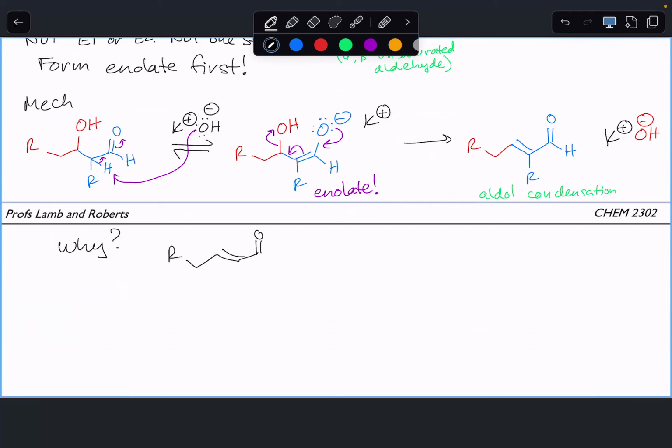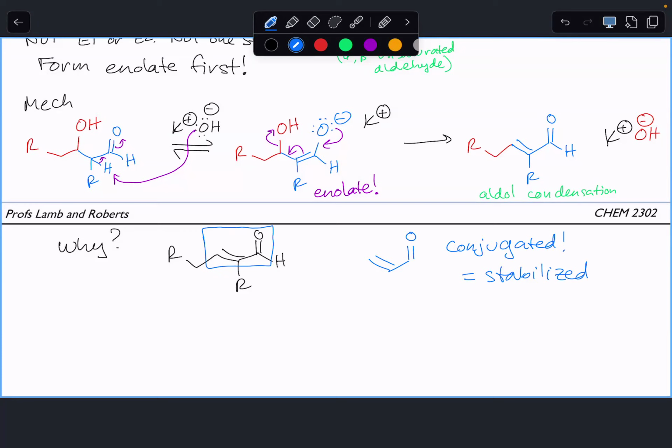This is why we wanted you to recall conjugation, because here we are making a conjugated system, right? So it's CC double bond, CC single bond, CO double bond. So double bond, single bond, double bond. So this is conjugated. So that means that it is stabilized. And so that drives that reaction forward.